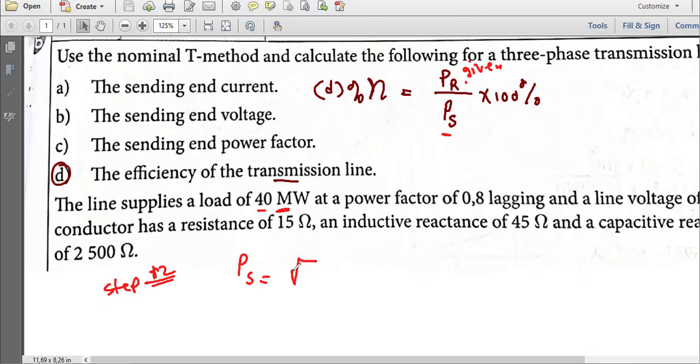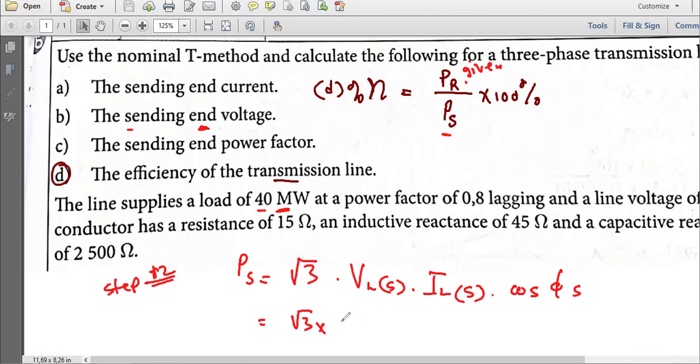Remember, it is 3 phase. So the square root of 3 times the line voltage on the sending end times the line current on the sending end times the power factor on the sending end. In this case, we've got everything. The sending end voltage we calculated; the magnitude in polar form was 145,88 in kilovolts, times 10 to the exponent of 3.